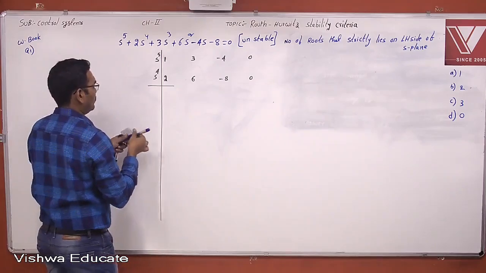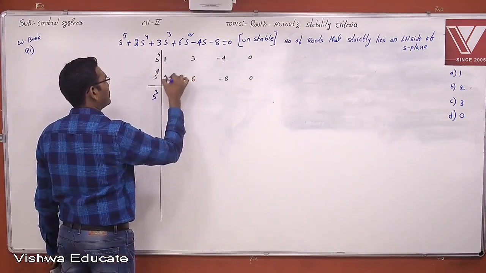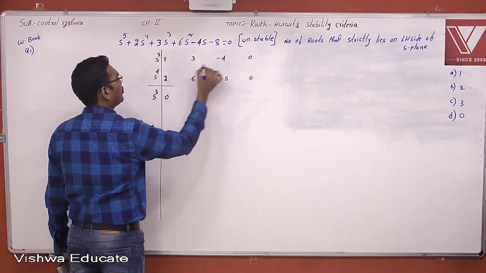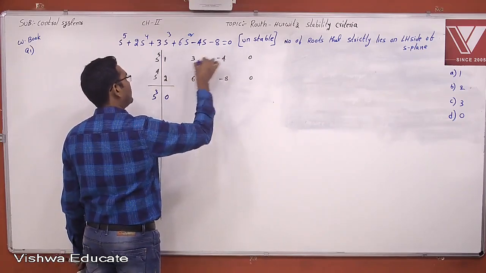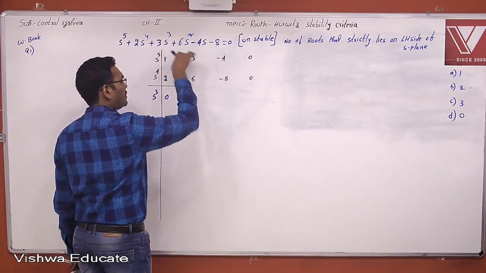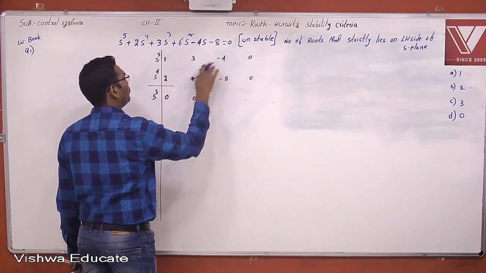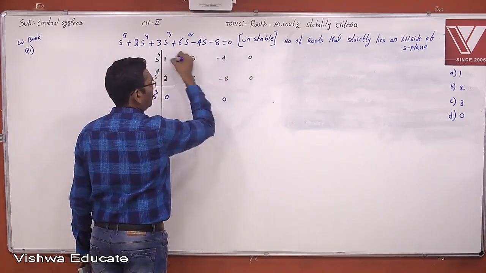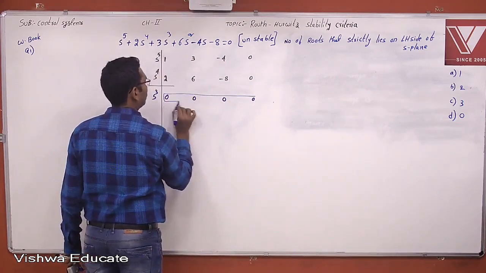Now s cube: 2 into 3, 6, 6 minus 6, 0. 2 into 4, minus 8 plus 8, 0. 2 into 4, minus 8 plus 0, 0 and 0, 0. Now one complete row becomes 0.